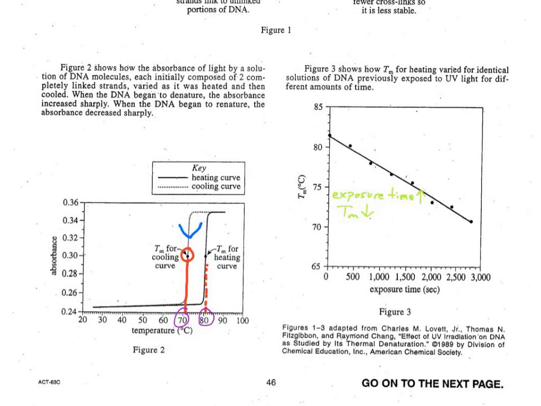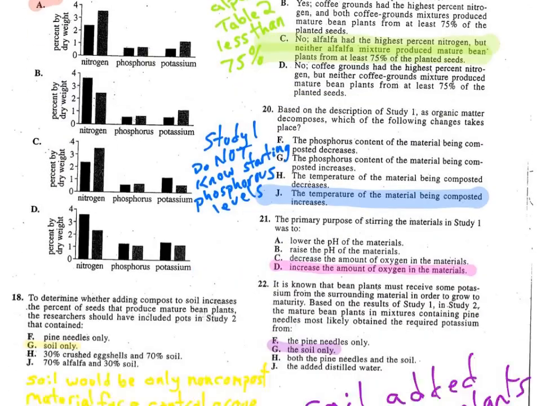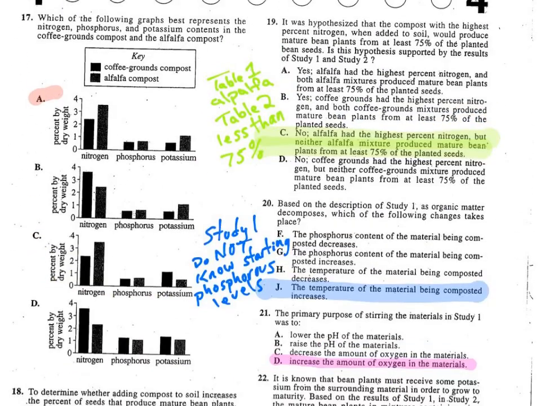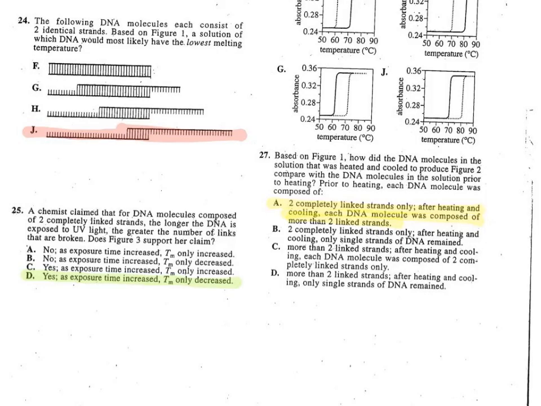Therefore, remembering from the previous question, a lower melting point is going to indicate a less stable molecule. Therefore, we're going to say yes, as exposure time increased, Tm only decreased.